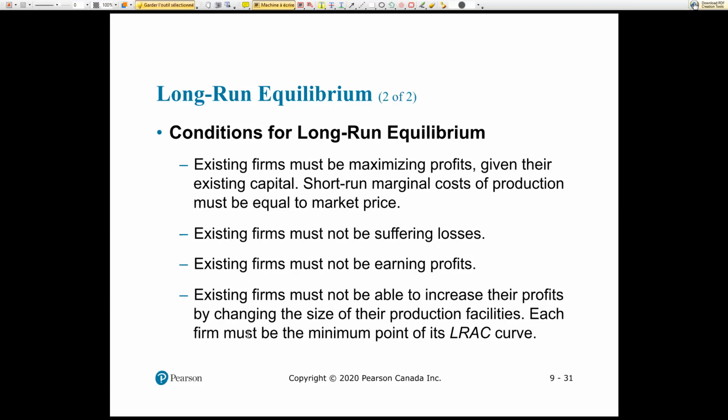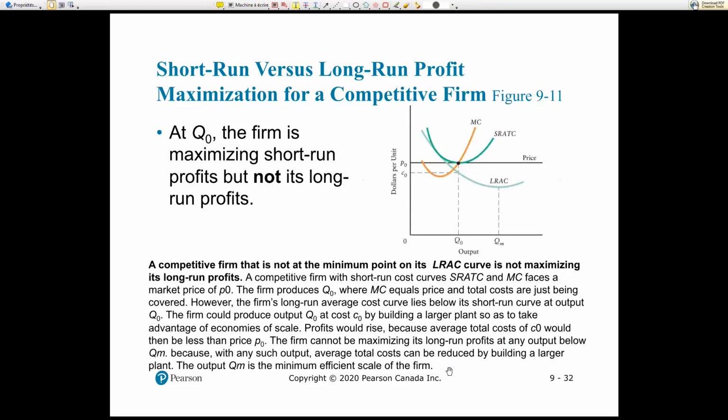So each firm must be at the minimum point of the long run average cost, LRAC.